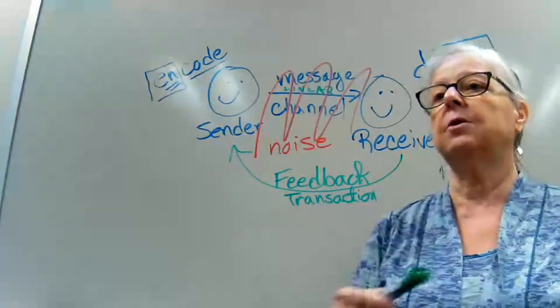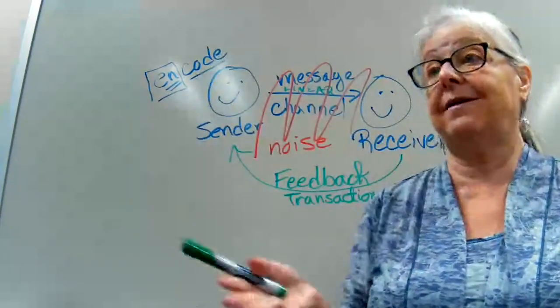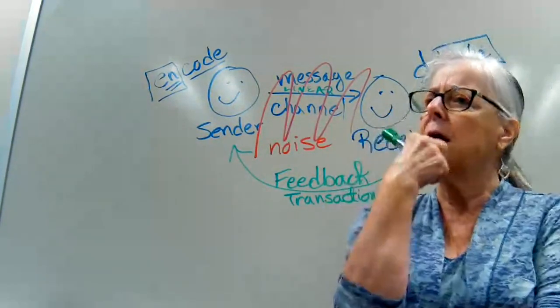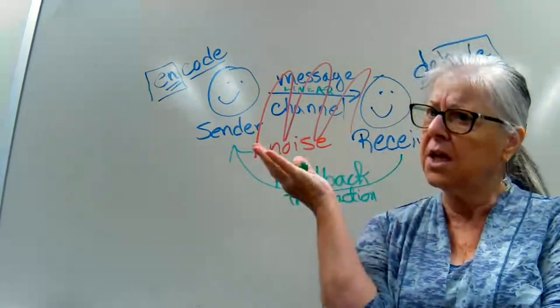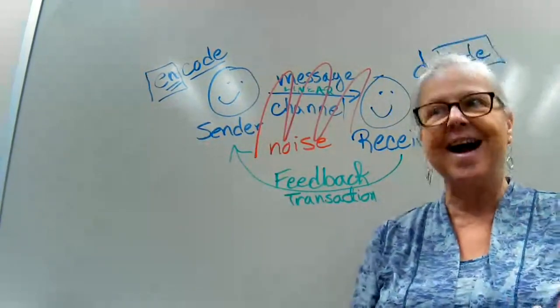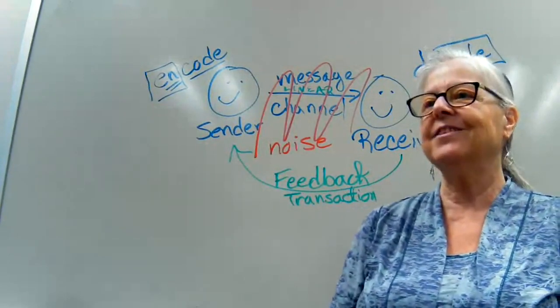When you are speaking to a large audience and you can see everybody and people are going, huh, really? And they're giving you eyebrows, they're giving you smiles, oh yeah, they're giving you the head nods.